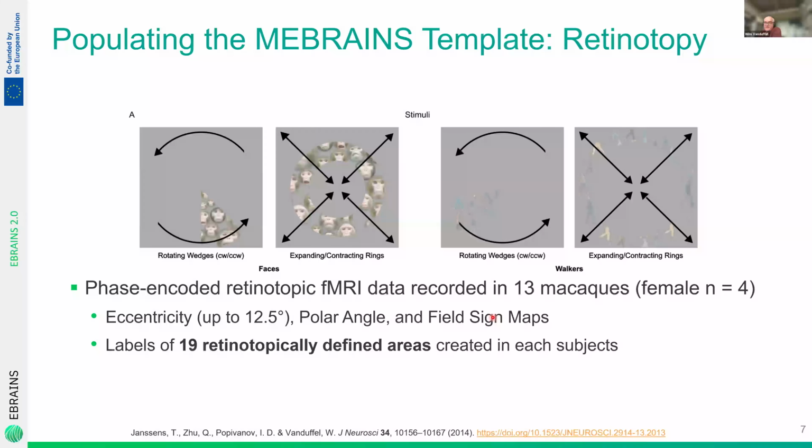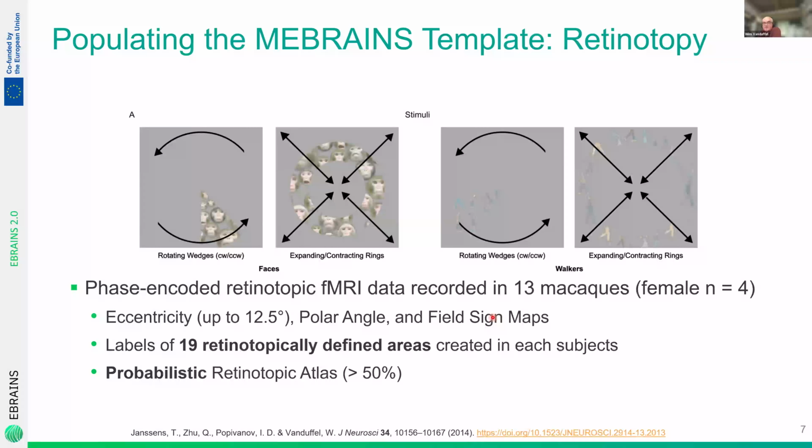When you analyze that data, we were able to locate in every individual about 19 retinotopically defined areas, which is quite unique, because then you can combine that information and create what is called a probabilistic retinotopic atlas.